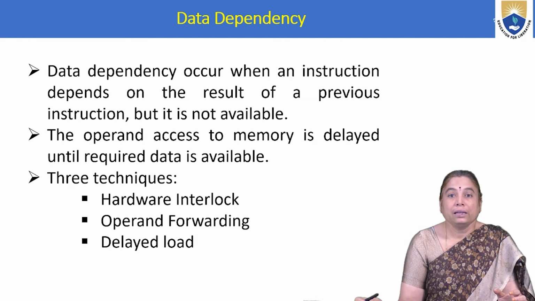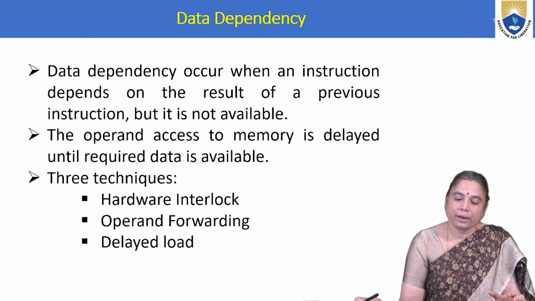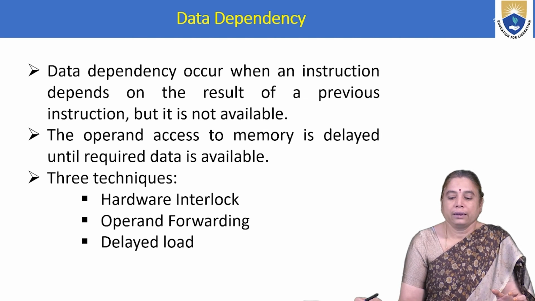Next one is delayed load. Until the required data is available, the process execution should not be carried out, so it has to wait until the required data is available. So these are the three techniques with which the data dependency conflicts can be resolved.